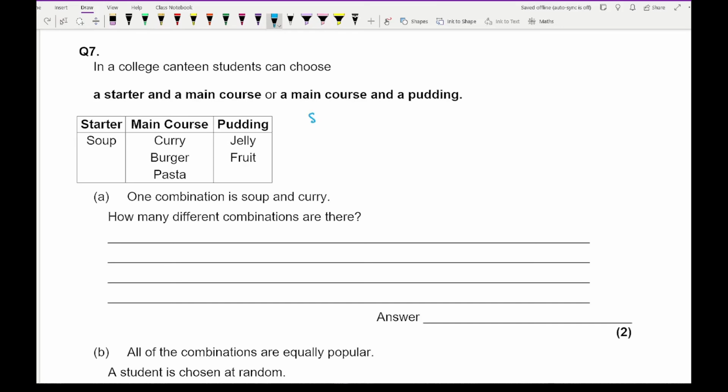So in terms of the starter and main course, the options are either S, C, S, B, or S and P. So that's when you go for this first option.